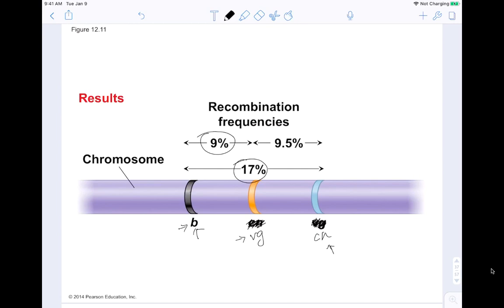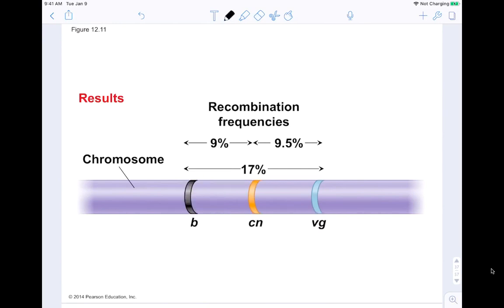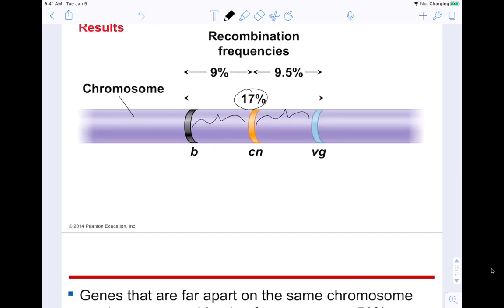So this math does not add up, right? That's how you have to know that you have our CN and our VG in the positions that they are relative to our B trait. If this is 17, you know that they have to be farther apart than these two, because 17 is larger than 9. So I hope that makes a little bit of sense.